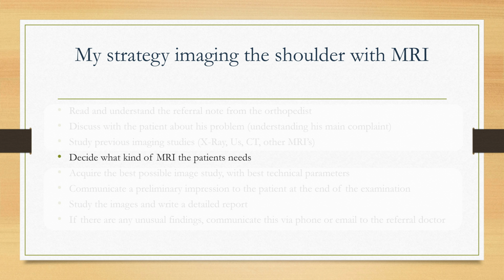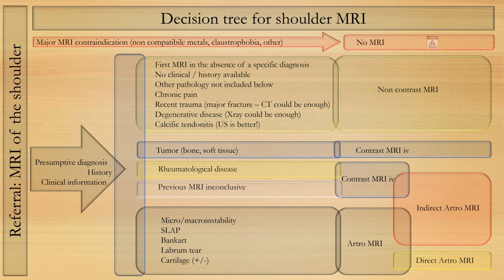I will skip directly to this step, decide what kind of MRI the patient needs, and I made this decision tree for shoulder MRI. First decision, or decision number 0, is if the patient has a major MRI contraindication like non-compatible metals, claustrophobia or others, he cannot do MRI, so we must find another way of imaging the shoulder.